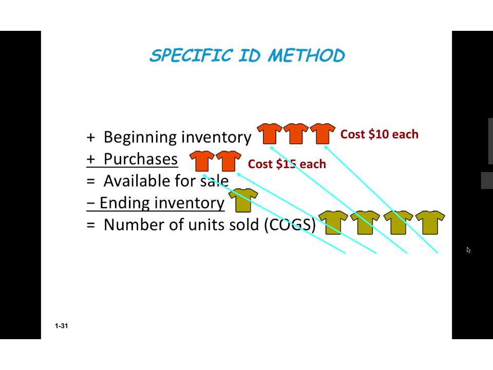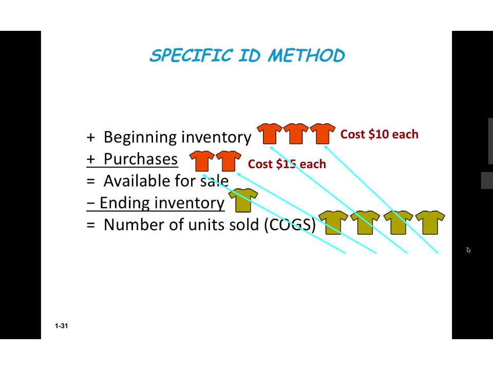So we could use this for automobiles. They have serial numbers, we can track them individually. That's not a big deal. Aircraft, some high-end jewelry. But you're not going to do this normally for things like T-shirts because you've got thousands of T-shirts. You're not going to keep track of which T-shirt you sold specifically.